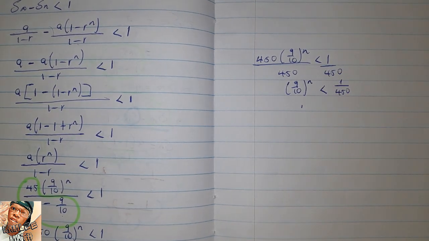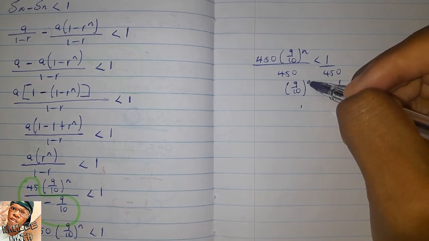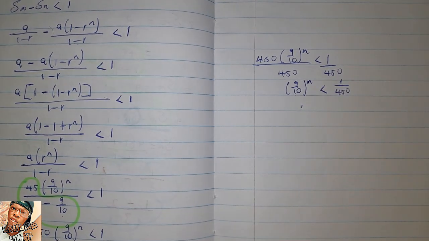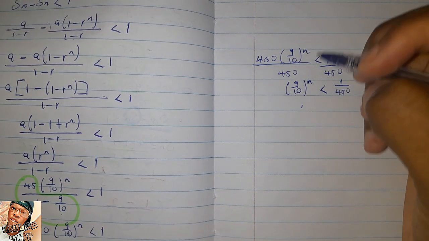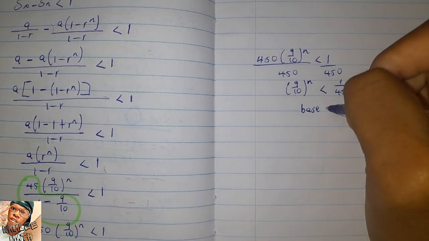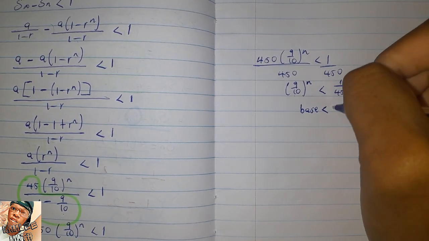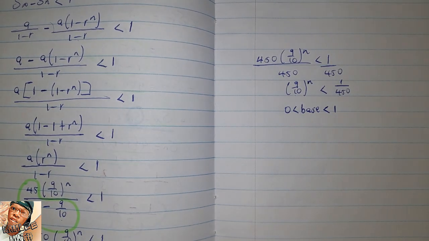The first thing that I have to say is that the base of what we're looking for is n, that's the exponent. The fact that the base is less than 1, so the base is between 0 and 1.